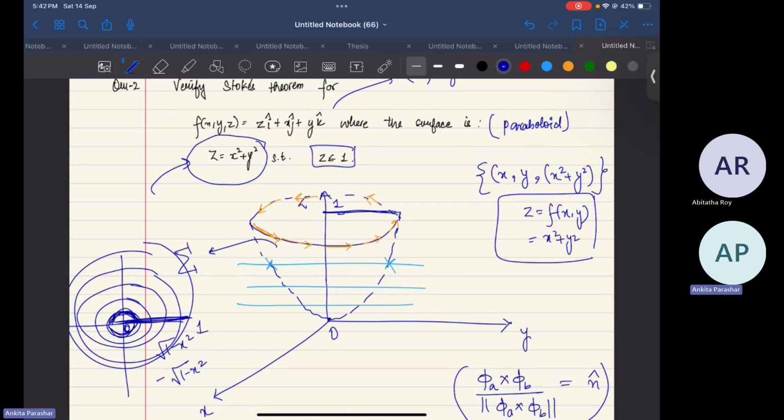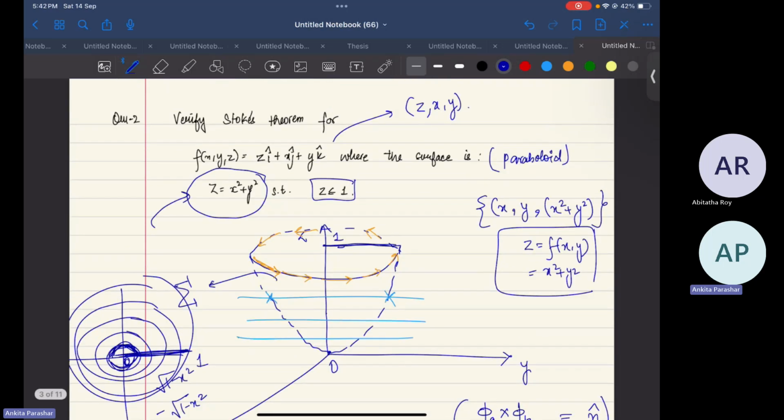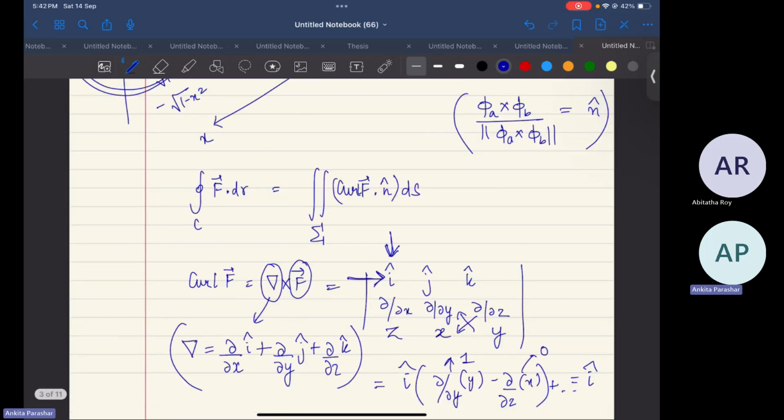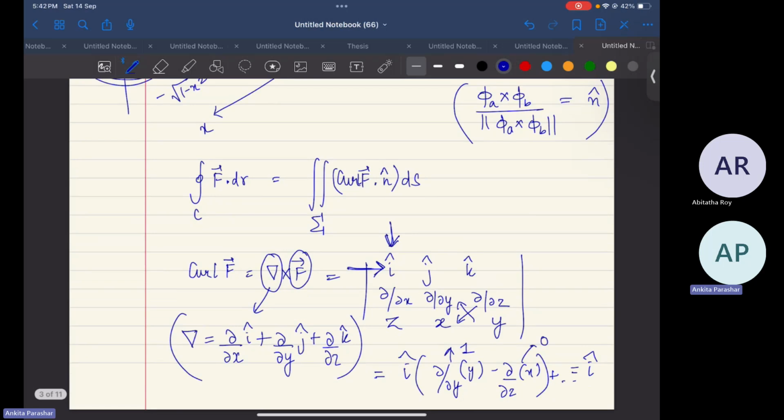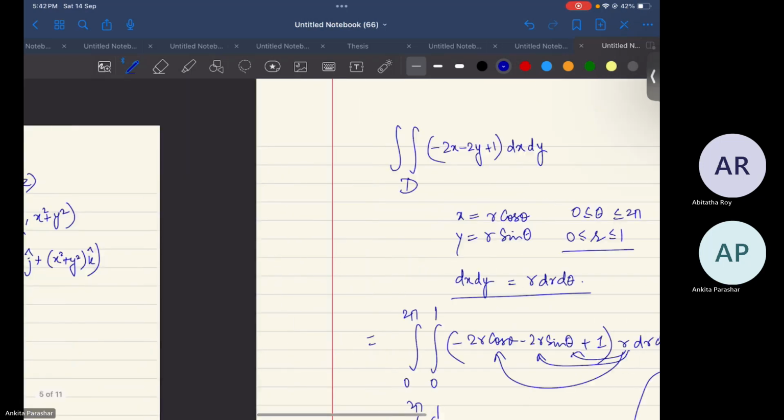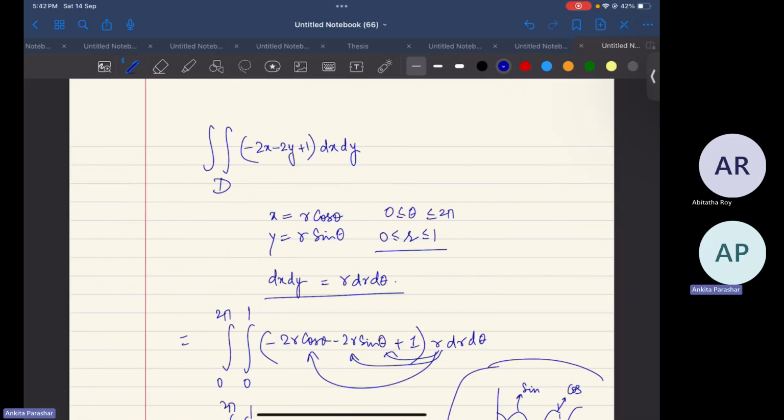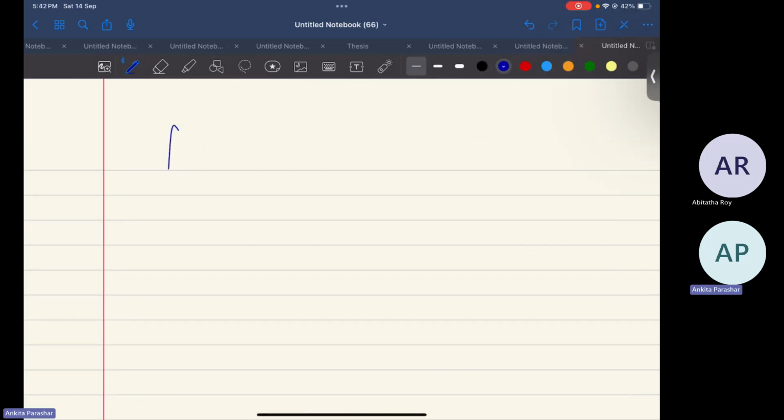The surface of this paraboloid, if you see at the top, the region that you are taking as the curve is nothing but a circle, and you are parametrizing a circle. So the line integral over the curve is over a circle. Let me write what we are trying to compute: the integral of f dot dr over the curve C, and C for me is a circle.